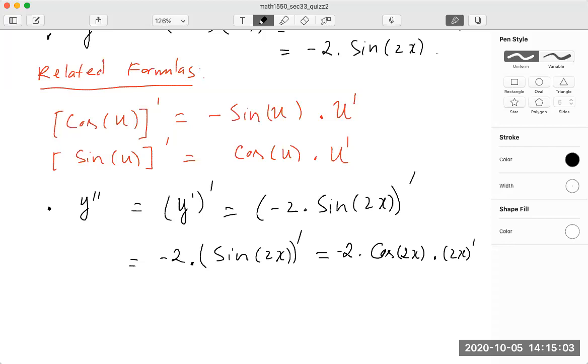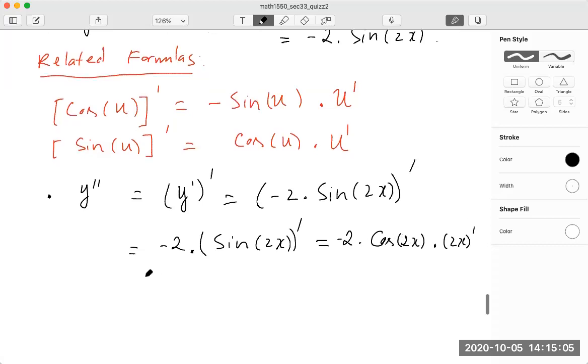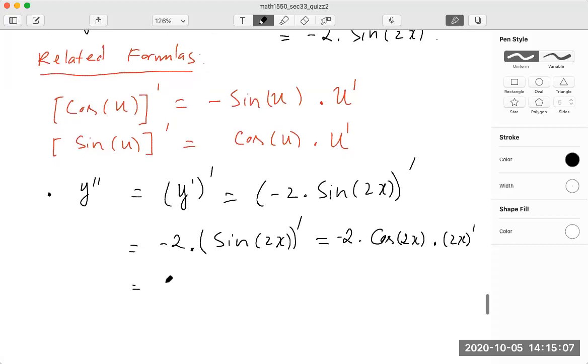It's easy now. Cosine and negative 2, we just rewrite it. And here, the derivative of 2x gives us 2. You can stop here, I'm okay with that, or we can write it as negative 4 cosine of 2x, which is perfect.